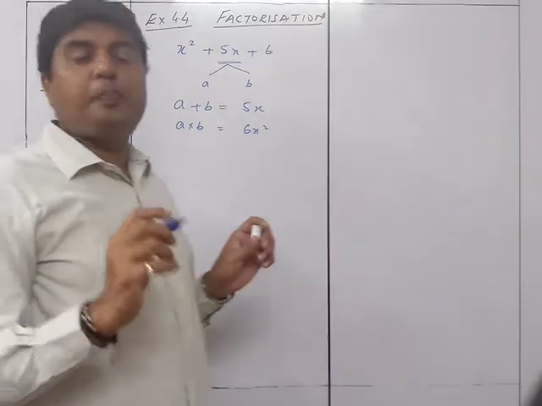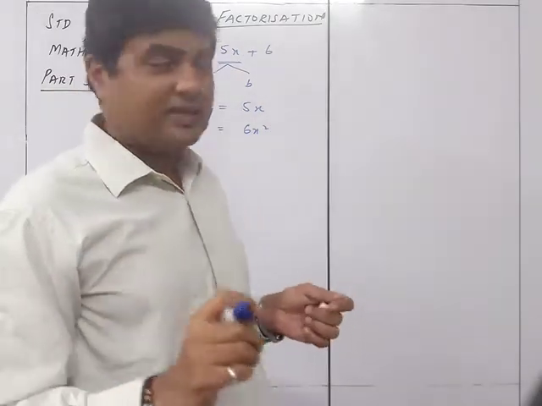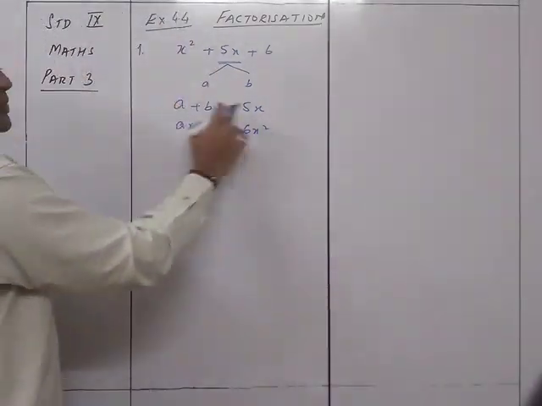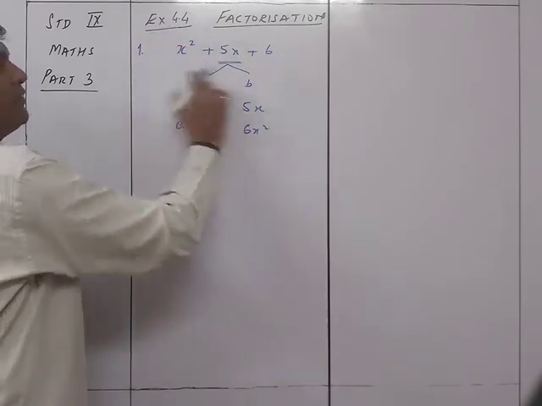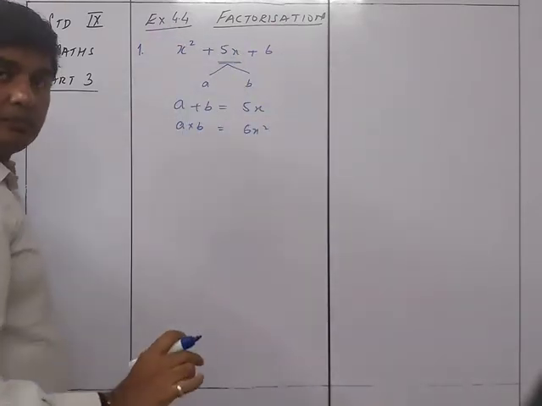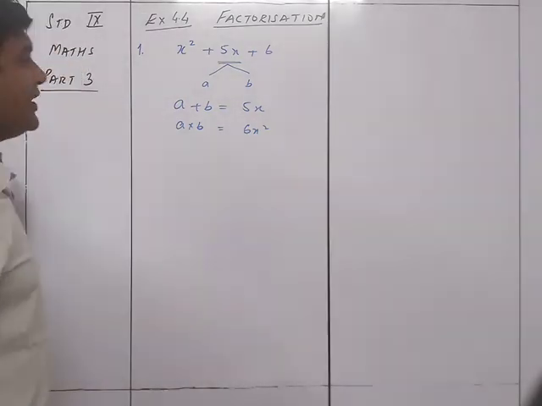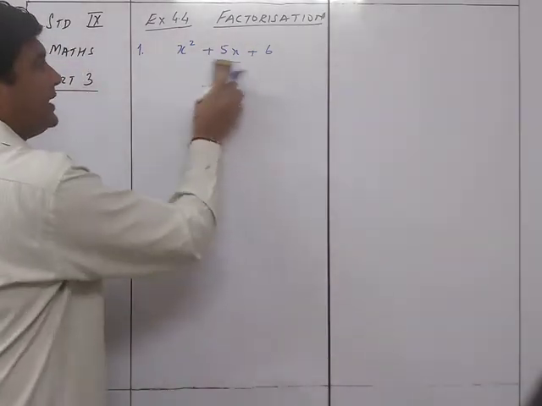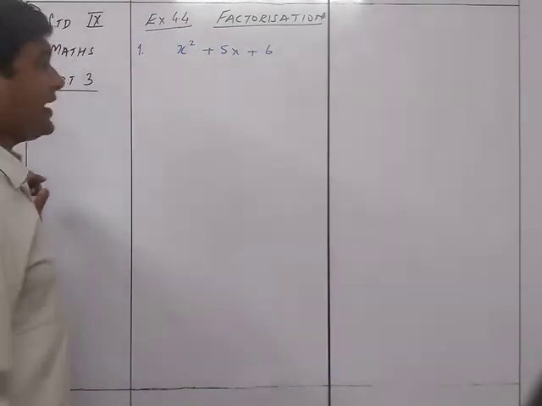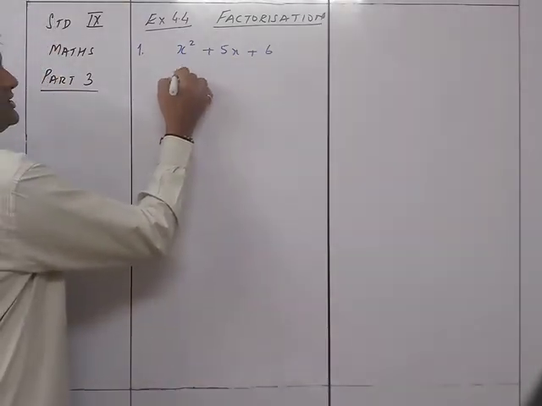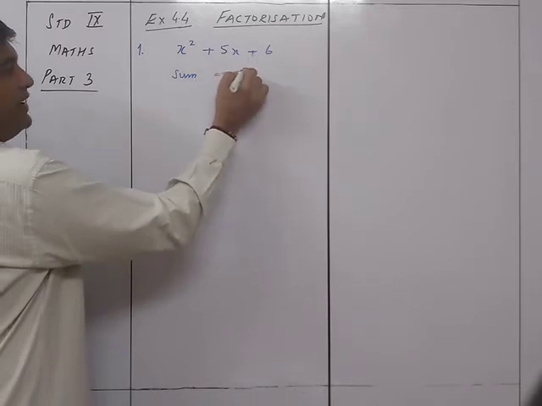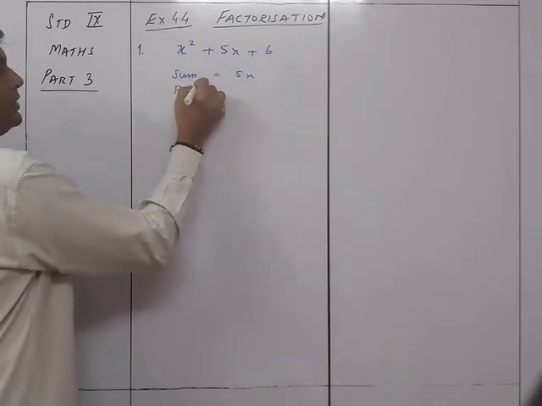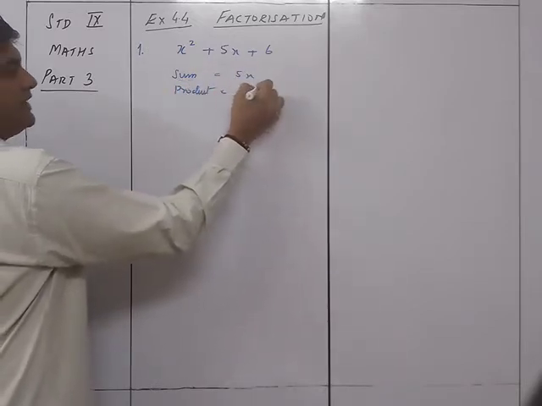So sum required is 5x, product is 6x square.